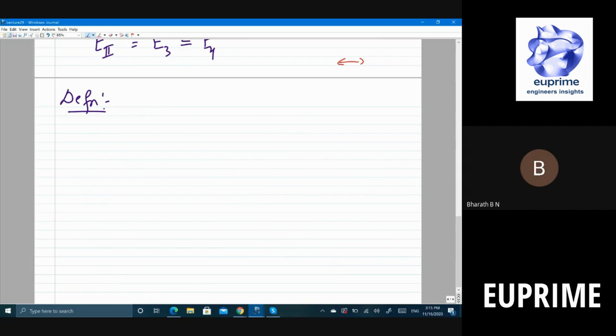So what do you mean by a recurrent state? For a given Markov chain, let's consider some state I. Recurrent, as the name indicates, means it will occur again and again. That means it will come back to state I again and again.